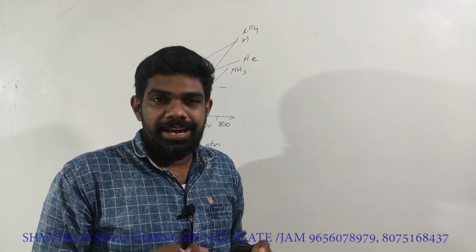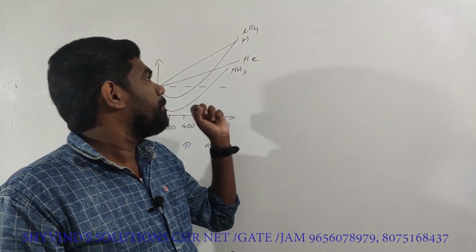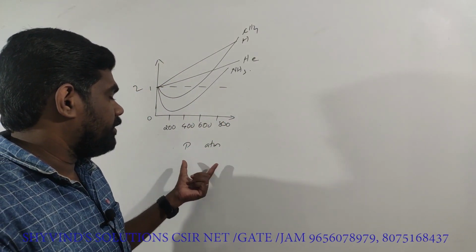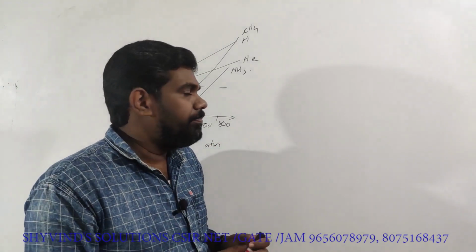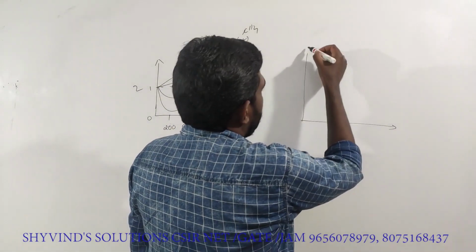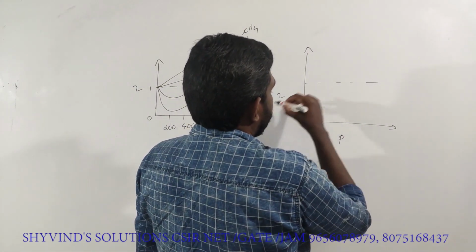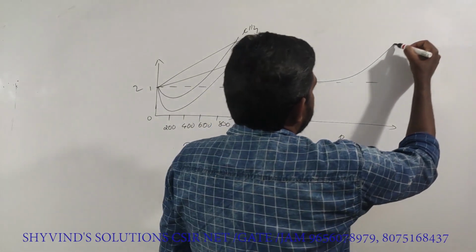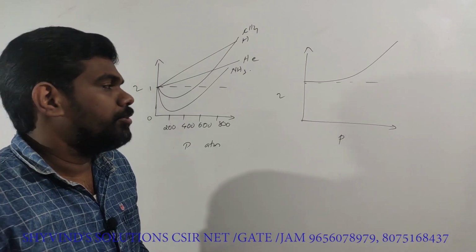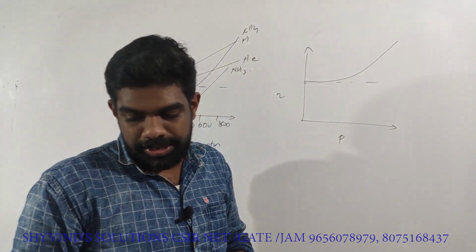The question is the graph between compressibility factor and pressure for real gases at TB. At TB, the nature of the plot will be like this: pressure, Z. Okay, so it will be like this. At TB, the nature of the graph will be like this. So the answer is option B. This is the answer.